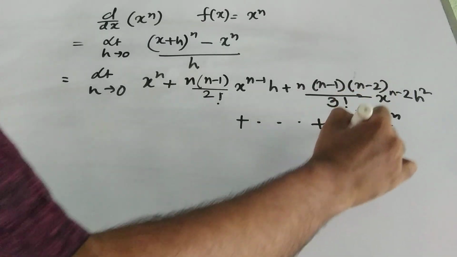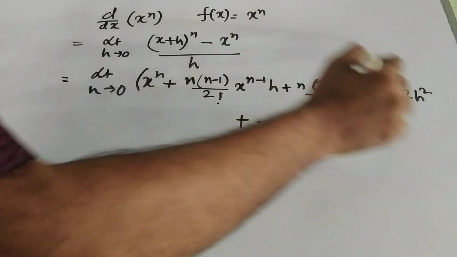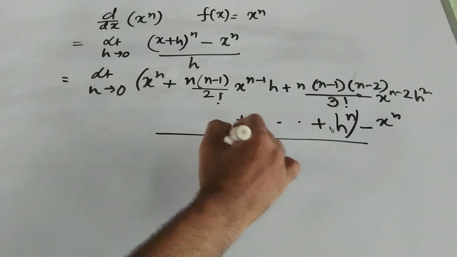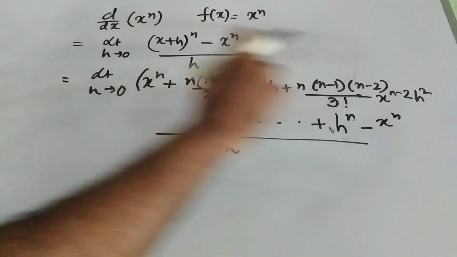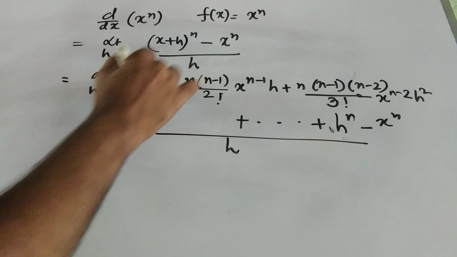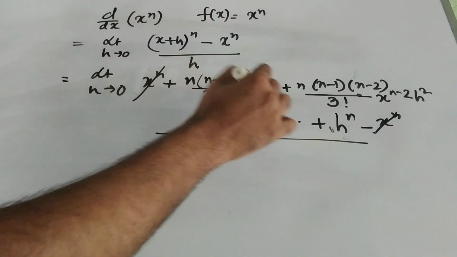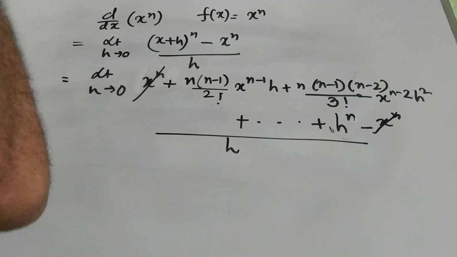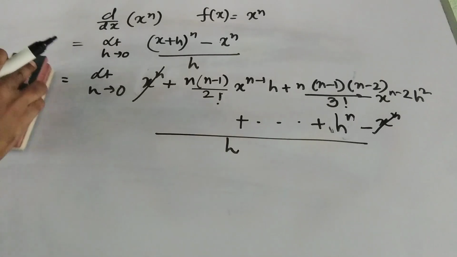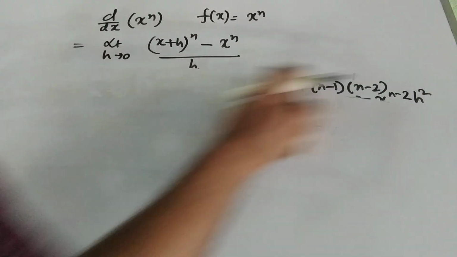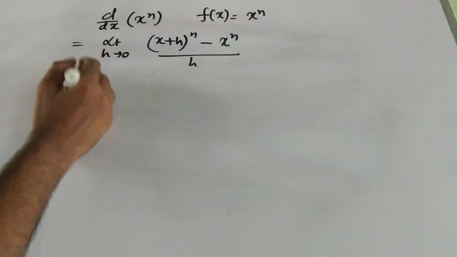So the entire expression of this polynomial is getting expanded this way, minus x to the power n, whole divided by h. Now if I remove the bracket, you can understand x to the power n and x to the power n are nullified. So here is the expression that I have written here. I am just repeating the expression.